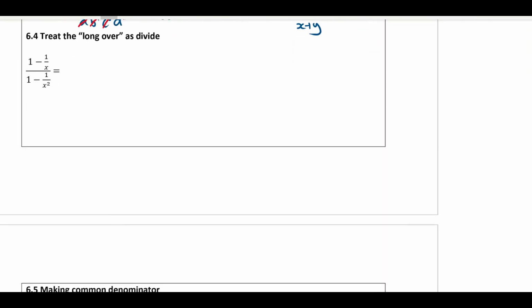Next, treating the long over as a divide. When you see a fraction over another fraction, then there's a long over here. The long over is called a divide sign.